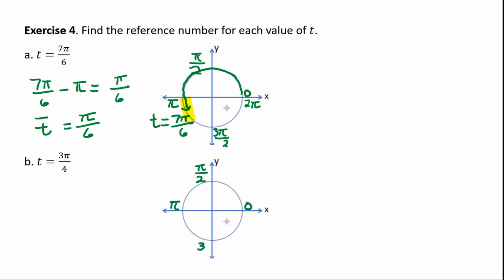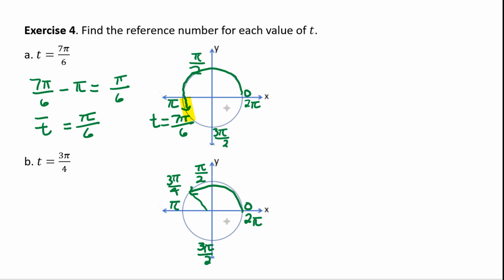At the bottom is 3 pi over 2. And finally, finishing out the circle is 2 pi. Now, knowing the fractions, 3 pi over 4 is somewhere between pi over 2 and pi. So we can say that 3 pi over 4 lies in the second quadrant.